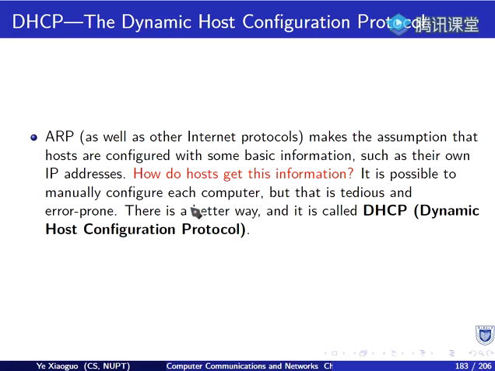It is possible to manually configure each computer, but that is tedious and error-prone. There is a better way. It's called DHCP, the Dynamic Host Configuration Protocol. This is an application layer protocol.